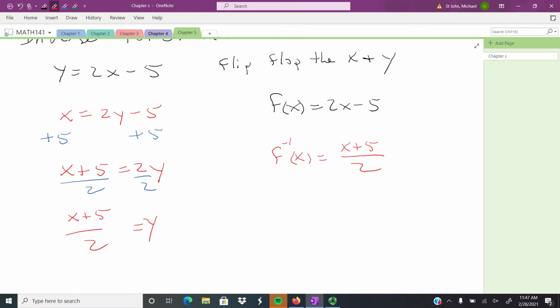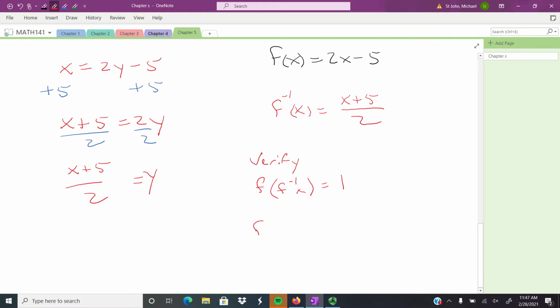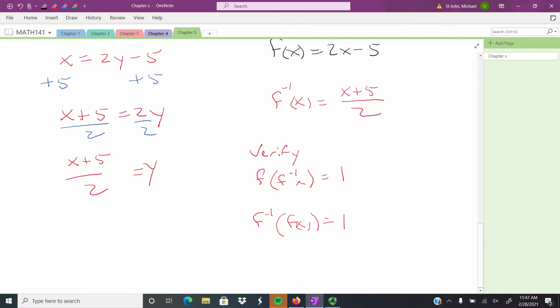And the way you can verify if indeed you have the inverse is that if you do the f of f inverse, you should get x. And if you do the f inverse of f of x, you should get x. All right?